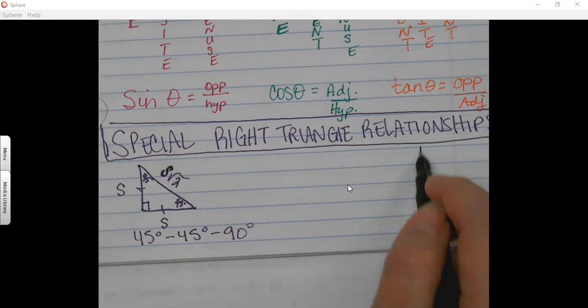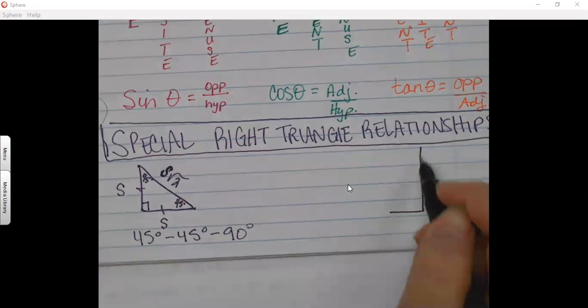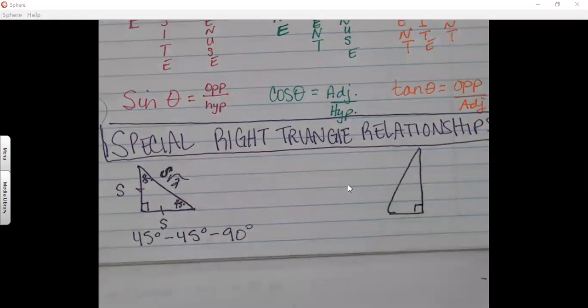Remember? Shortest leg is opposite the smallest angle. So my 30 degree angle is going to be up top. And no, my triangle is not perfect. So my 60 degree angle is down at the bottom. This is a 30, 60, 90.